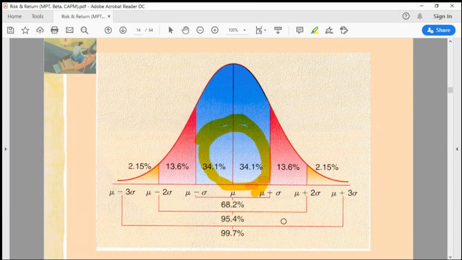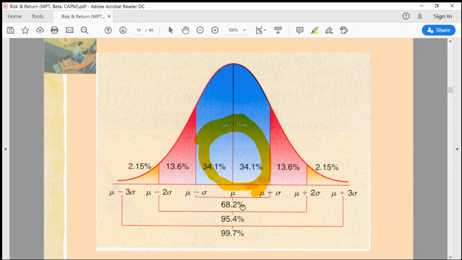That's what it means. And then that means the probability of falling between the mean and one standard deviation above the mean is half of that, 34%. And the probability of falling between the mean and one standard deviation below the mean is another 34%.